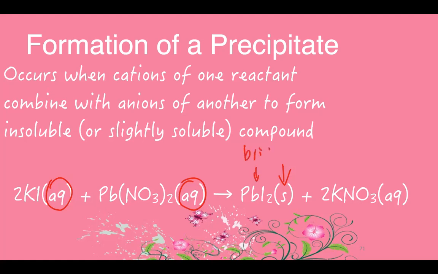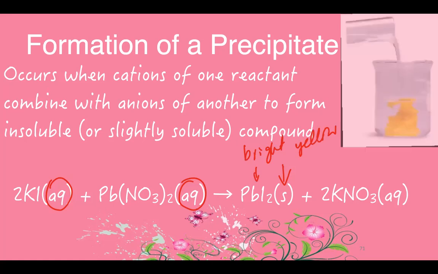This is bright, sunny yellow. So you can see you've got a clear solution from the top beaker, a clear solution in the bottom beaker, and this bright yellow insoluble solid that forms is called a precipitate. Not to be confused with precipitation, which is like rain and snow and hail.